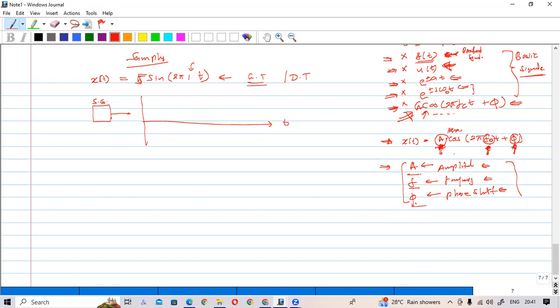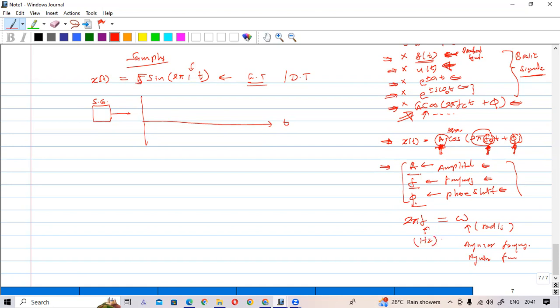This 2πf is also referred to as omega, and this omega is called angular frequency. Or actually, this is angular velocity, but normally referred to as angular frequency. We normally measure it in radians per second, and f is measured in hertz.